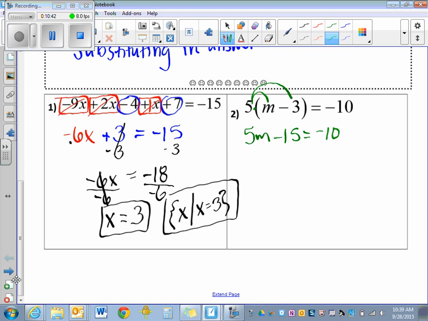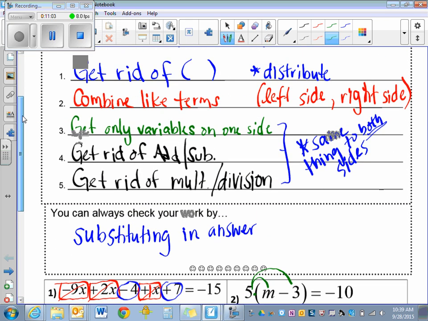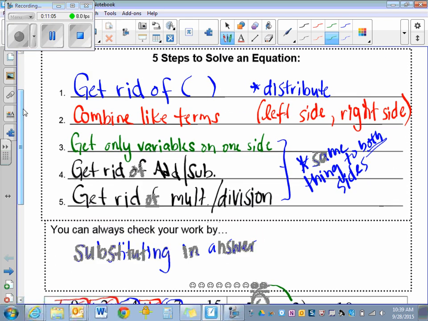Look at what we did over here. We subtracted our 3, and then we divided by the negative 6. What do you think we should do over here? Let's take a look at our steps. We've already combined like terms.